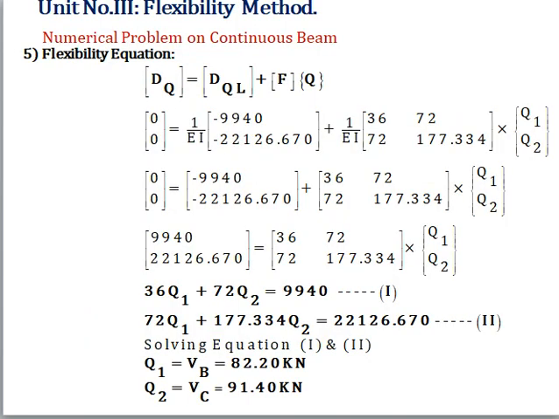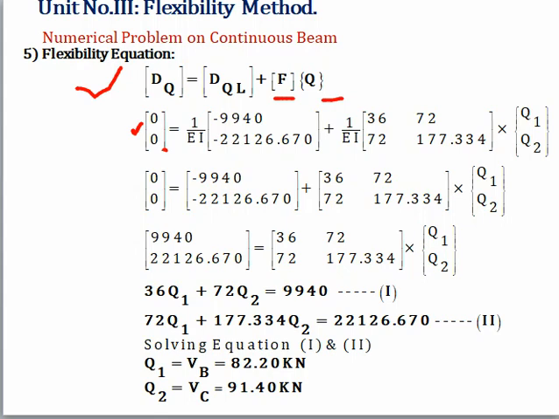Now let's move toward the next part. This is a new point, the flexibility equation or compatibility equation. So Dq is equal to DQL plus flexibility matrix into Q. Here Dq means the displacement in the original structure in the direction of a redundant force, and there is no such displacement in the original structure in the direction of the redundant force.